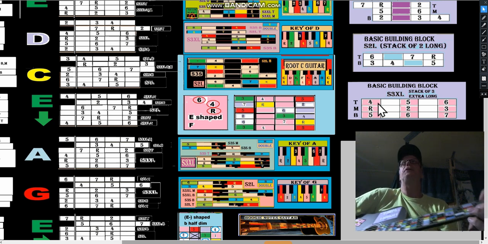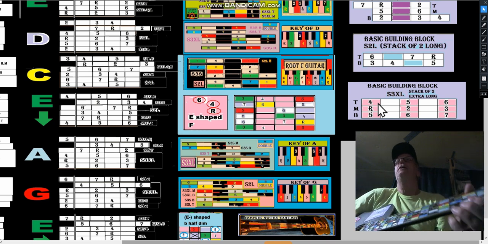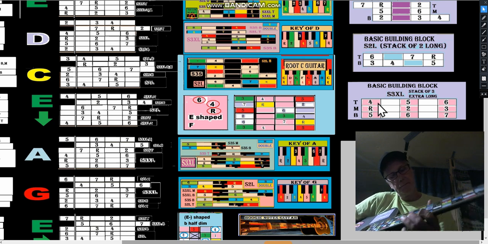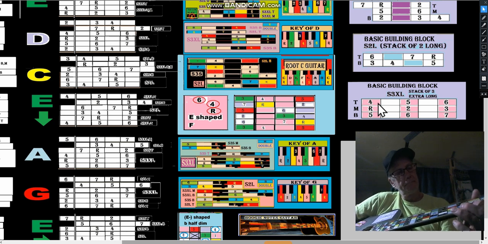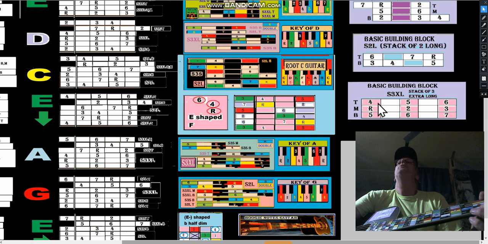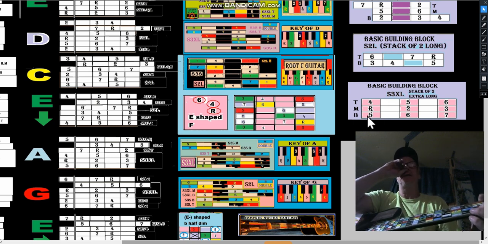So there's a wonderful thing we just learned about this pattern. When you want to do it on the same string, you just put a half step in between. All right, that wasn't the same thing, because we went below this 5 here. Okay, and that's getting into a different pattern.